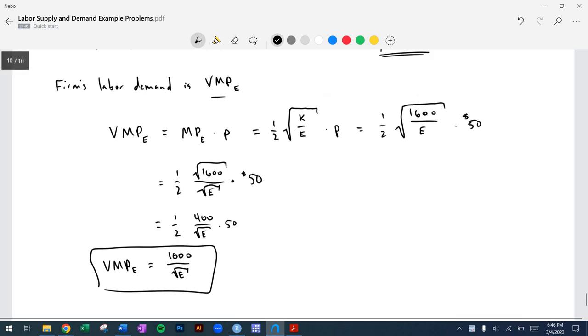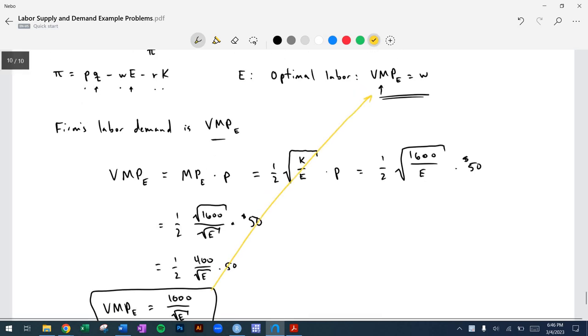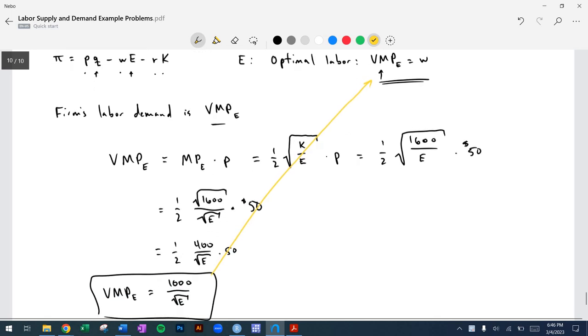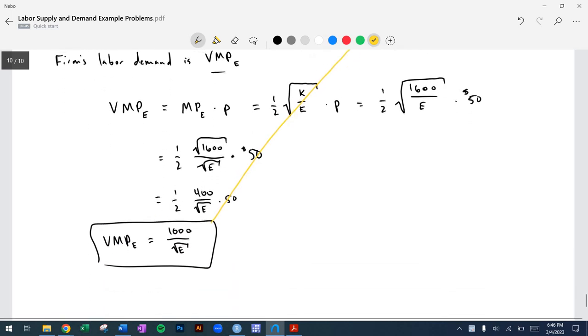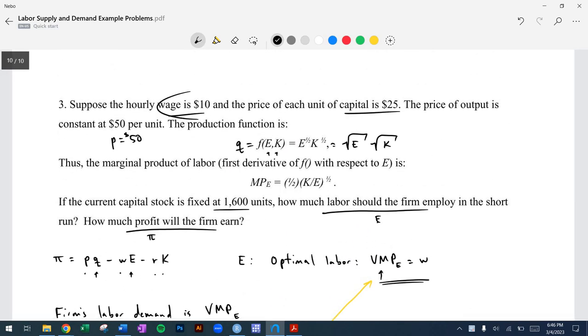We're going to take that and plug that into this formula here. So value of marginal product equal to the wage to find the optimal amount of labor. Value of marginal product of labor equal to the wage. That's 1,000 over the square root of E equal to the wage given to us at the top of the problem, $10.